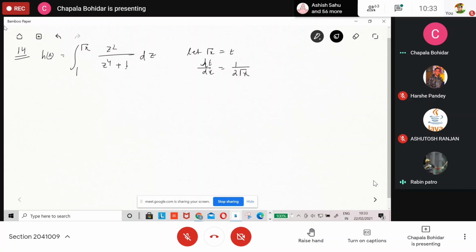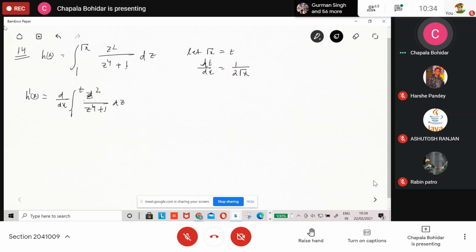Yes, ma'am. Okay. So now S dash x is equal to d by dx of the integral from 1 to t, which is the value I am considering, of z square by z to the power 4 plus 1 dz. So that is your value.